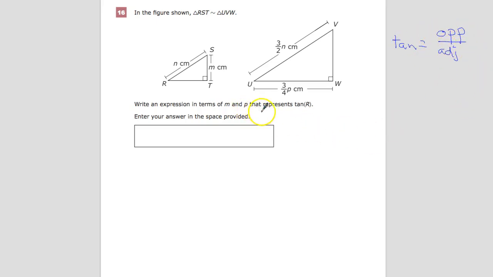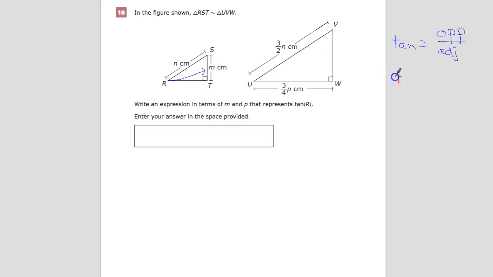Now, if I want to do the tangent of R, I need to go to this side, that'd be the opposite side, and the adjacent side would be down here. The one across from the right angle, of course, is the hypotenuse. So basically we're looking at the other.